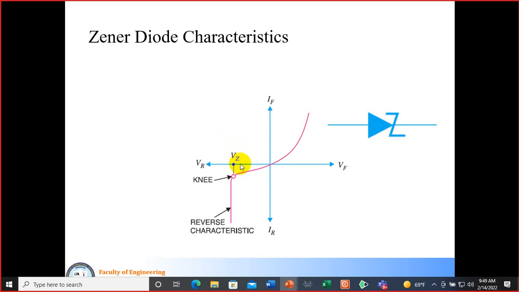But when the reverse voltage reaches Vz or more, then at the point of Vz you get the sharp breakdown, and the diode will be in the on state. So when the diode is in the on state, for our analysis we can replace this diode with the equivalent voltage Vz. So let's continue.